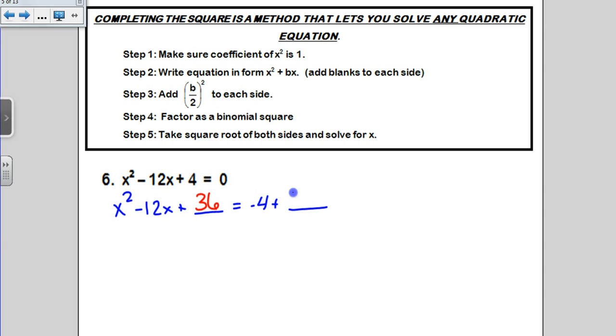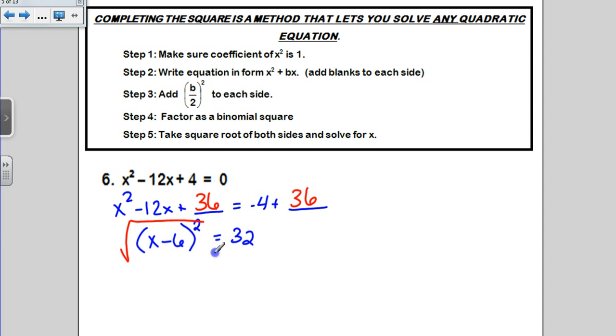The c is always going to be a positive number because we're always squaring it, which leaves you with a positive answer. Now when I go ahead and I factor this left-hand side, x squared minus 12x plus 36 becomes, careful, x minus 6 squared, half of your b, and then negative 4 plus 36 is a 32.